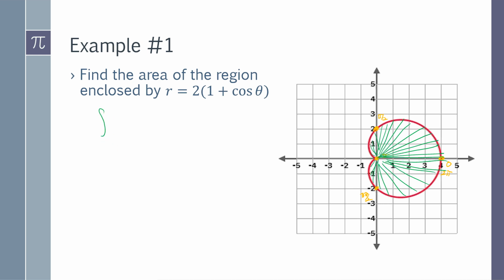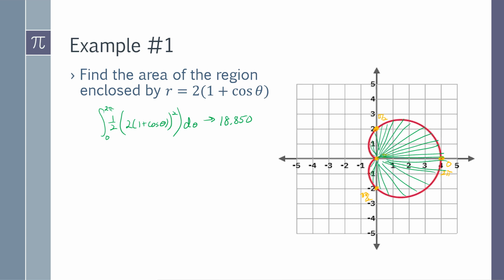I do want to go all the way from 0 to 2 pi, and then 1/2 times whatever my r is, squared. And this is with respect to theta. Typing that into my calculator, what I end up getting is an area of 18.850.